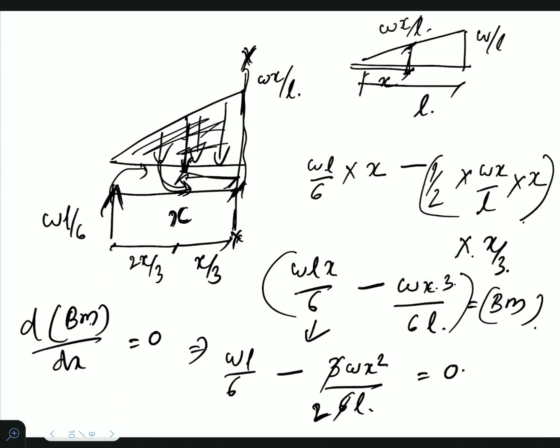So solving this, we will have x is equal to L by root 3. This will be the value of x. So at x is equal to L by root 3, where L is the total length of the beam, at that point we will have bending moment maximum or shear force 0.